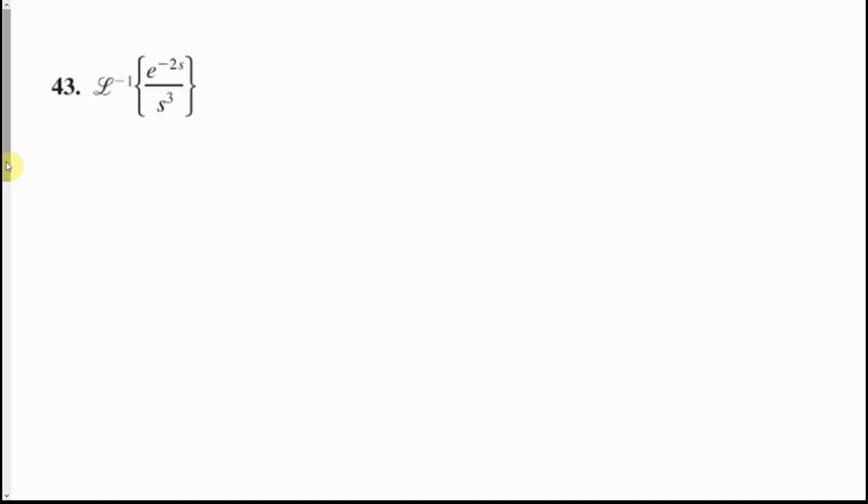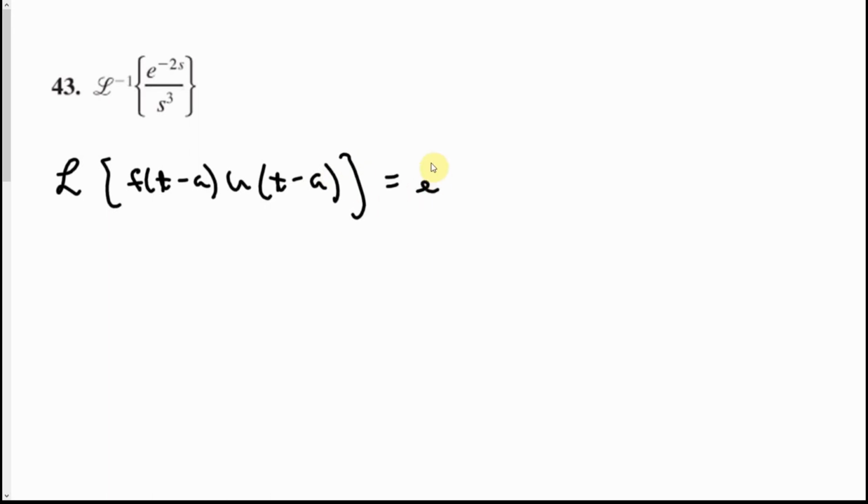Now, recall that we were talking about the Laplace transform of some function associated with a step function. Right? So this guy comes out to be e to the negative as times the Laplace transform of some f of t. What if they reverse that?